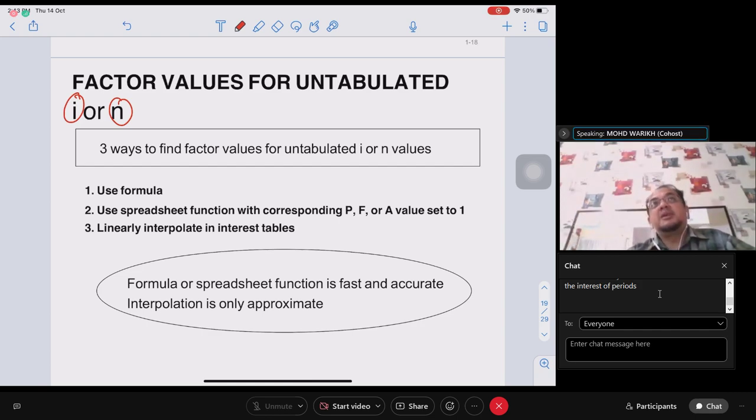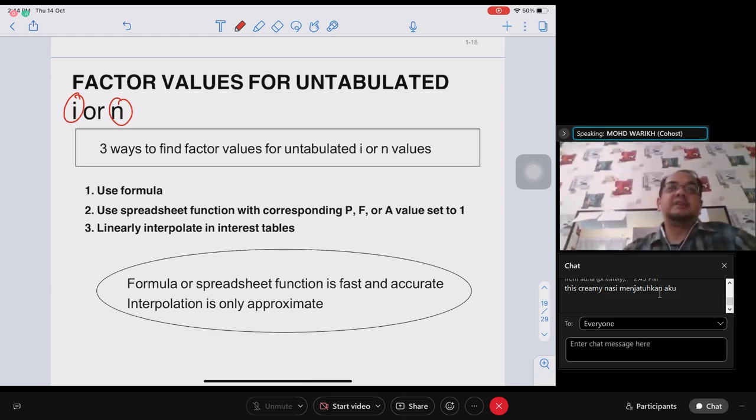If I'm not mistaken, the tables go from 1% until 100%, so it's quite thick, many pages. If you have to find I, it's quite difficult, because you have to see every page of the tables.